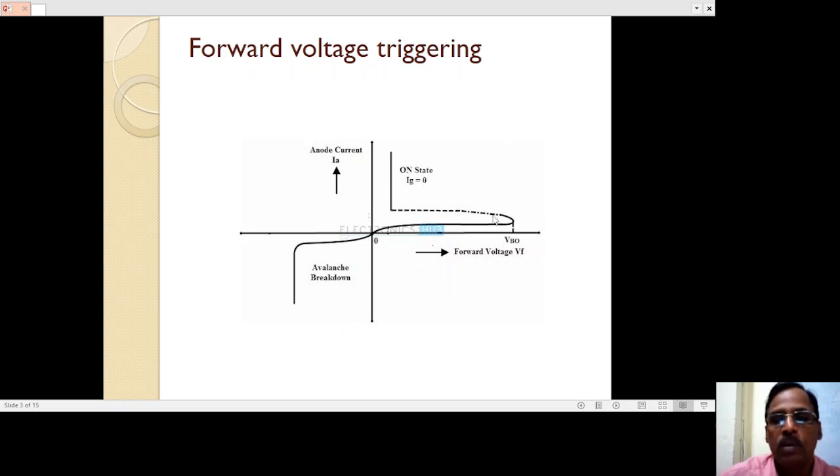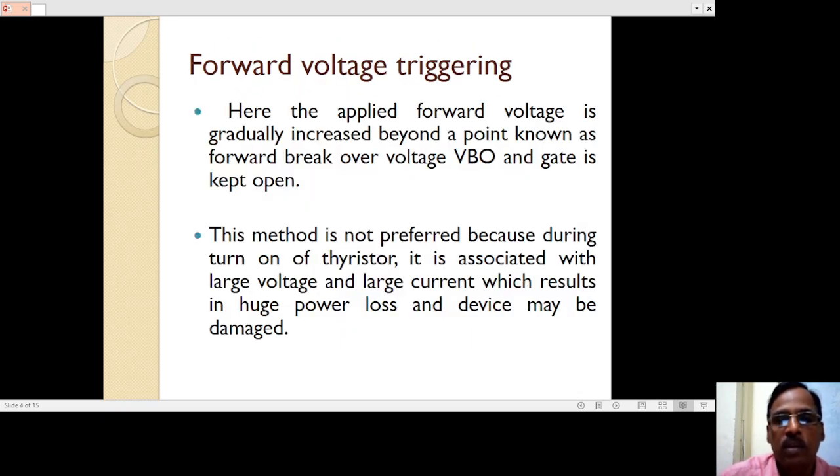After VBO, suddenly your voltage drops and current rises sharply. Any small increase in voltage, your current rises sharply. So this is all about the forward voltage triggering.